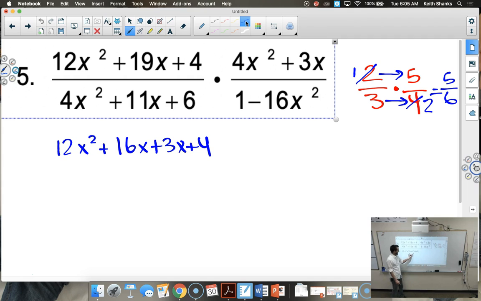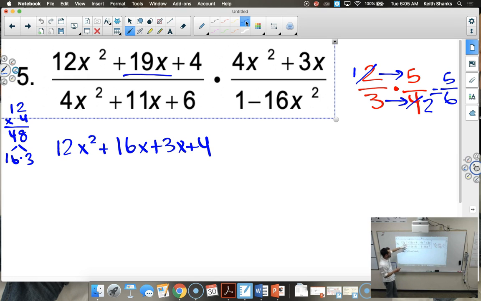The way I landed on these 2 numbers is by asking myself, what is 12 times 4? Which is 48. And are there any factors of 48 that actually add up to 19? 16 times 3 is 48, and 16 plus 3 is 19. That's what you have to do on this.